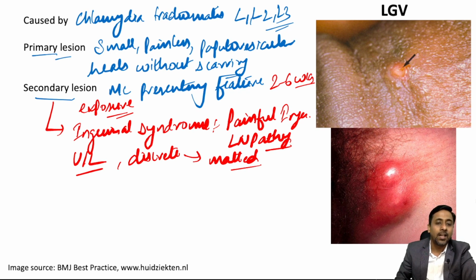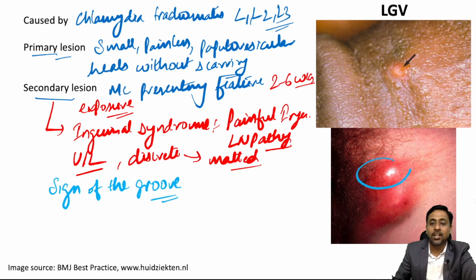Okay, and we may find, not very specific, but we may find sign of the groove. And what is that? It is basically, if you see here, the enlargement of the chain of lymph nodes above and below the inguinal ligament, and this inguinal ligament will look like a groove.